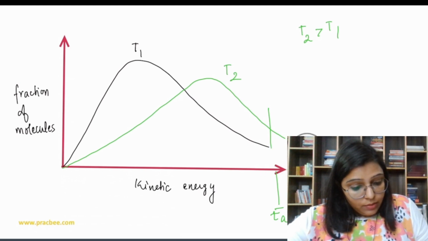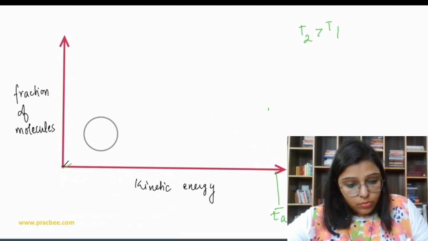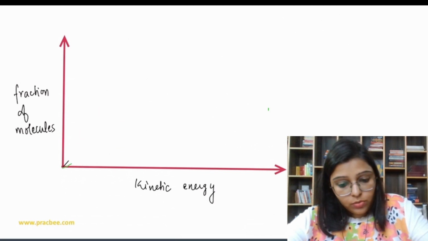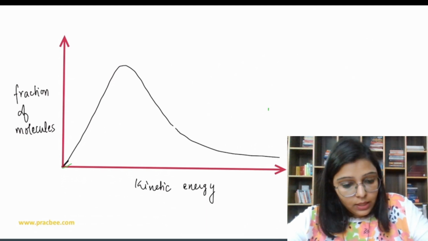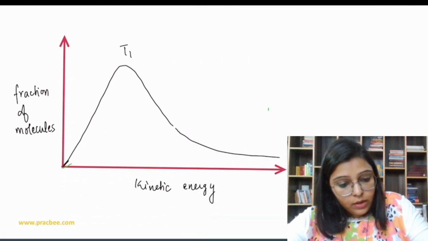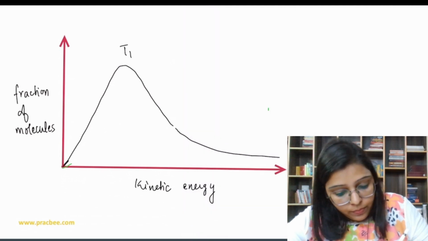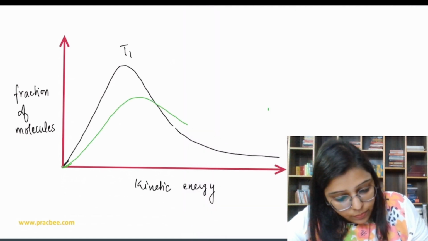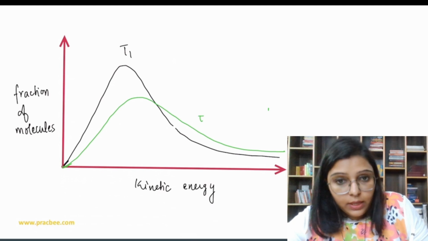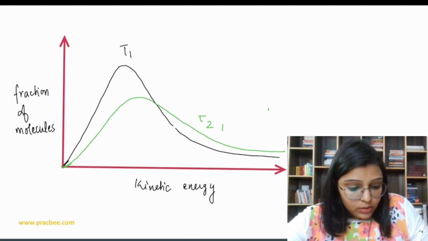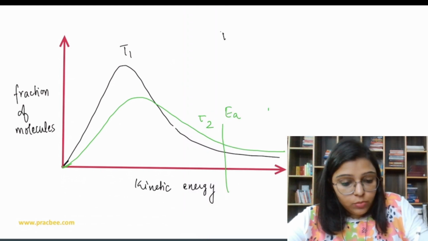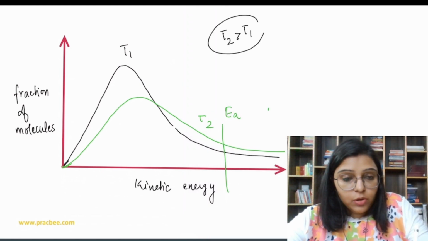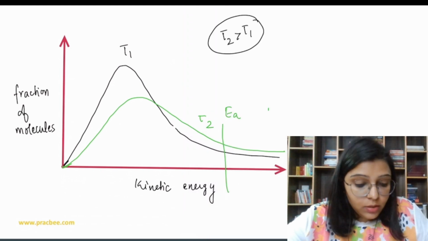Let me plot the graph again, because that is not visible to you. Suppose at T1 we have this. This is T1. Now at T2 I am plotting a curve like this. So this is T2. Suppose this is the activation energy. If T2 is greater than T1, then more molecules can pass through the energy barrier.